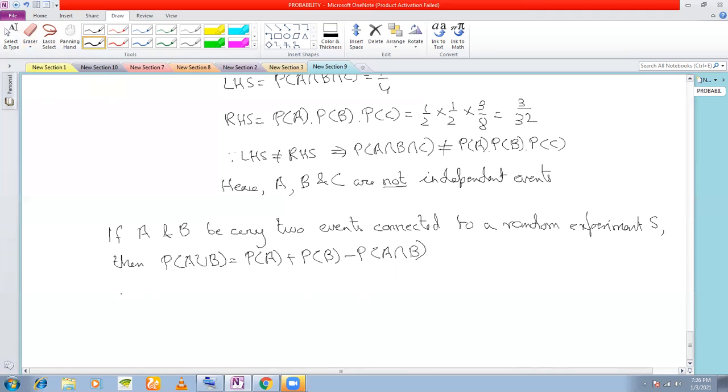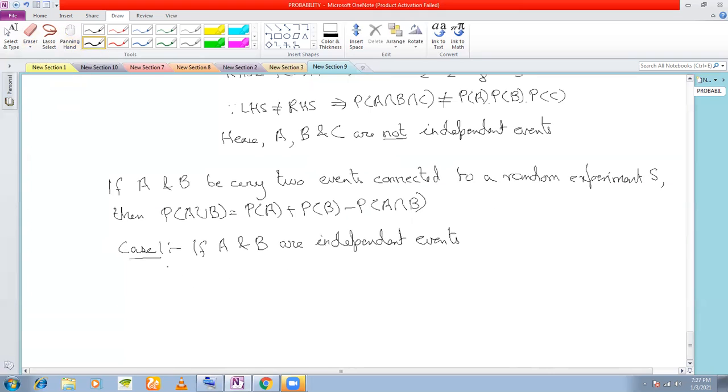Okay, case one: if A and B are independent events, then what happens in this case? Then we know that P(A intersection B) must be equal to P(A) into P(B) because they are independent, right?